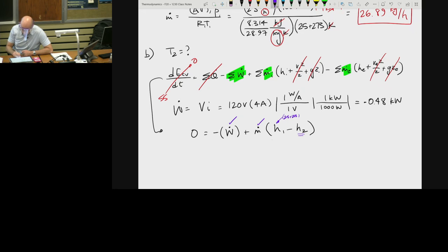But that's not what we're asked to do, because we are told to use constant specific heats, so we're going to replace this with C sub P times T1 minus T2. Note, if it was 1 minus 2, I keep my temperatures the same way, T1 minus T2.